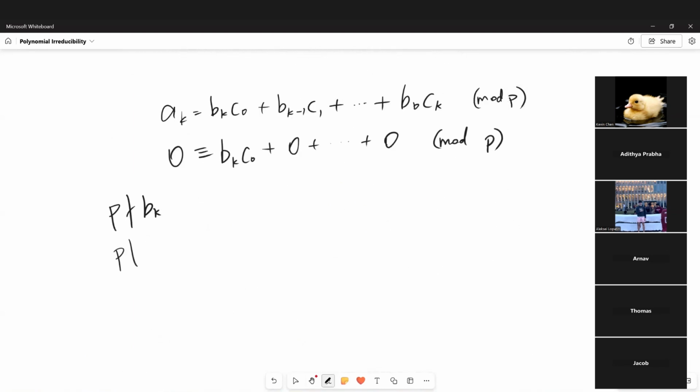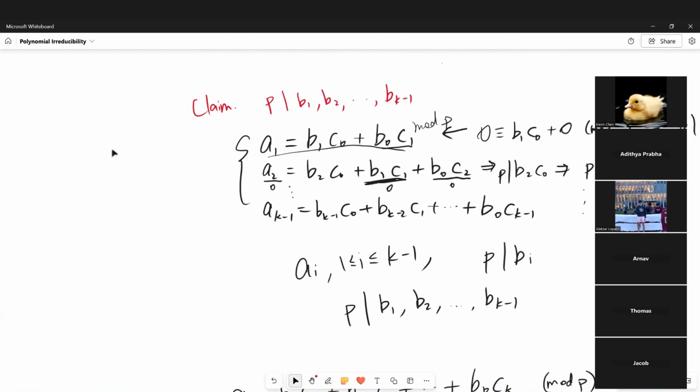But however, from this equivalence, we have P divides BK times C0. Which is a contradiction, because this implies that one of BK and C0 must be a multiple of P. However, in the beginning, we already established that P cannot divide any of them.